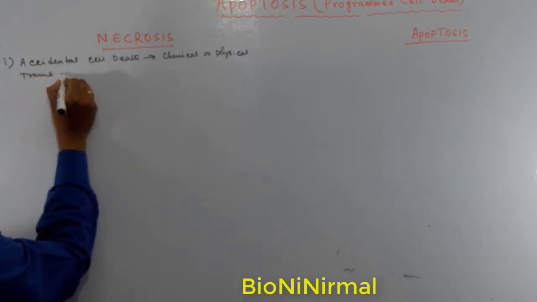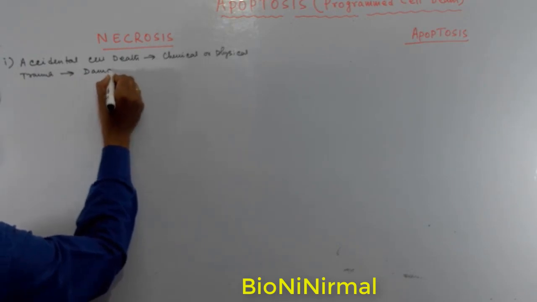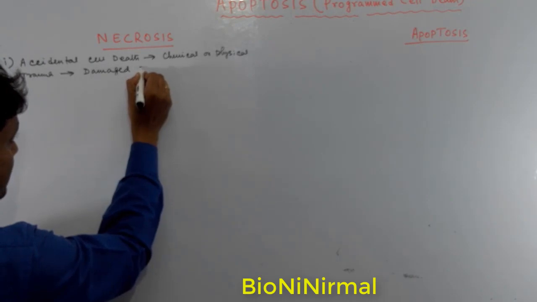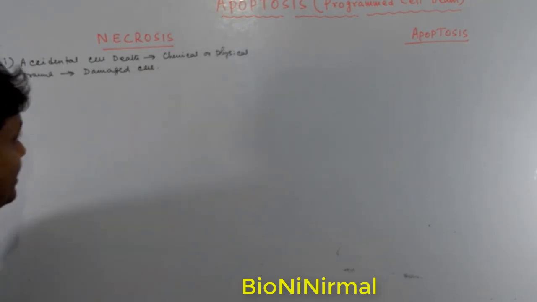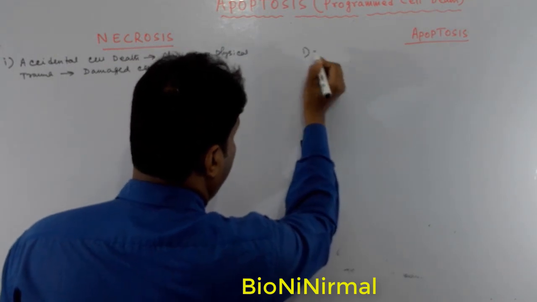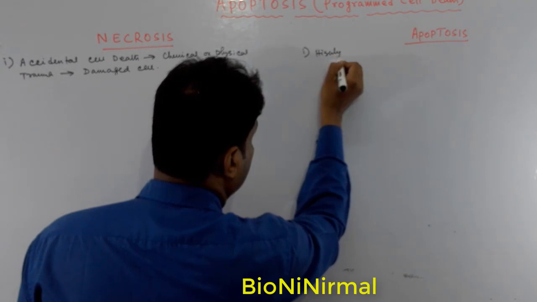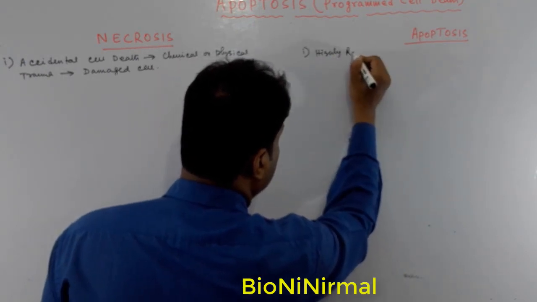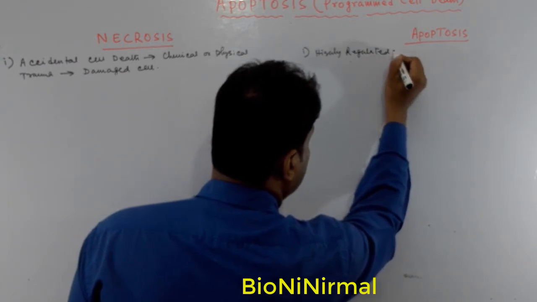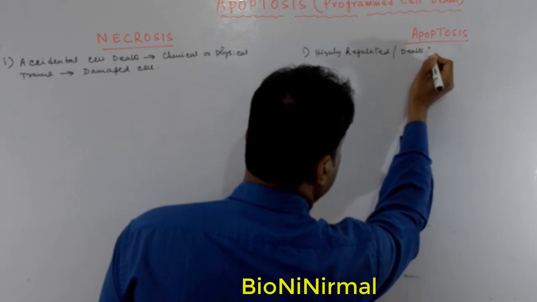Necrosis occurs in cells which are damaged, but apoptosis is a highly regulated process.